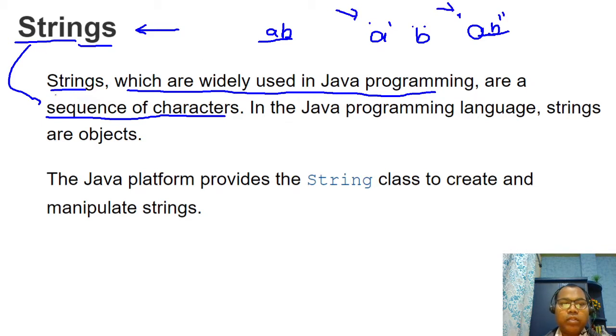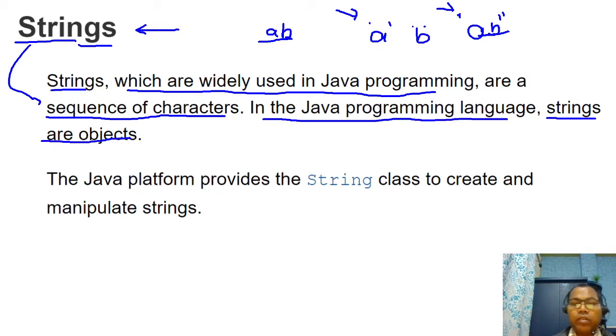So in Java a string is a sequence of characters, and in the Java programming language, strings are objects. The Java platform provides the String class to create and manipulate strings.